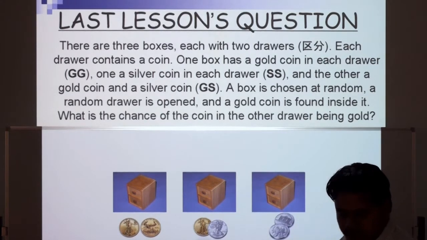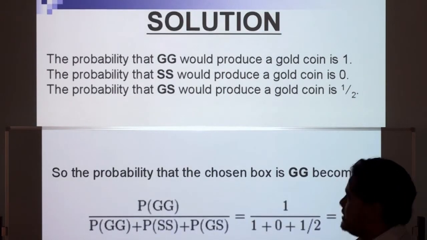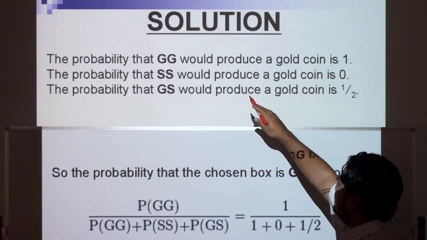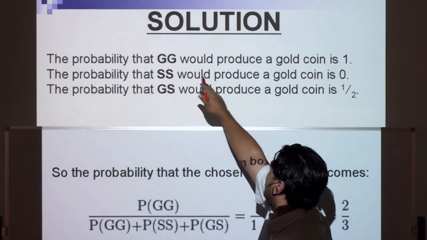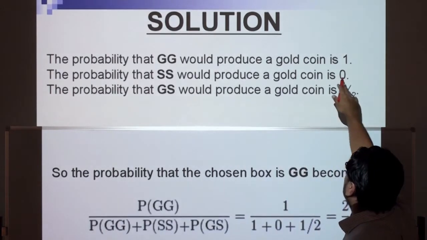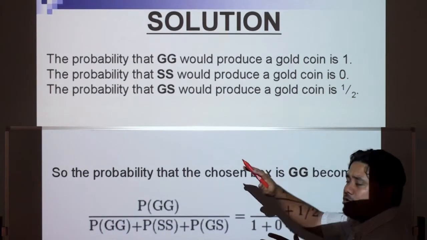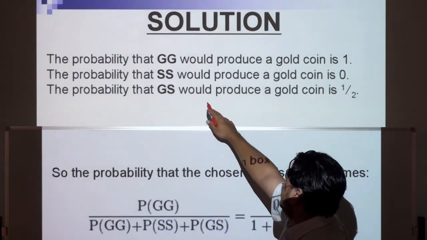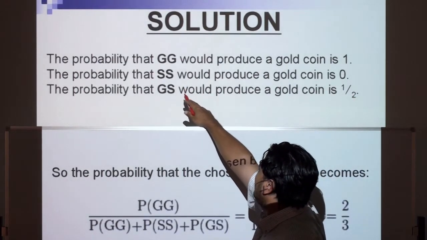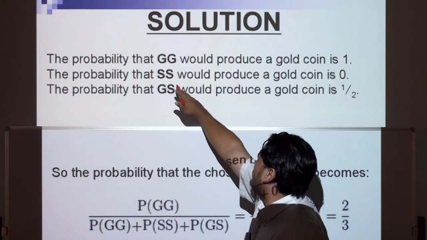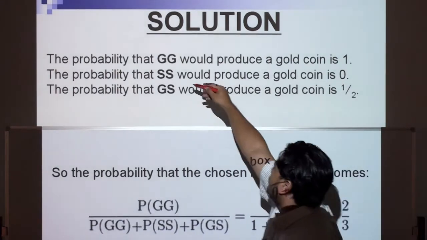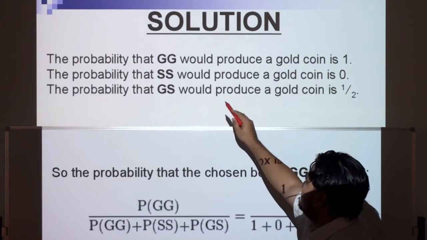The answer to this: keep in mind that the probability that you get the 2 gold coins box, GG, would produce a gold coin, so the probability of the other coin being gold is 1, for sure. The probability that you get the box with 2 silver coins, SS, would produce a gold coin is 0. There's no gold coin in the 2 silver coin box.